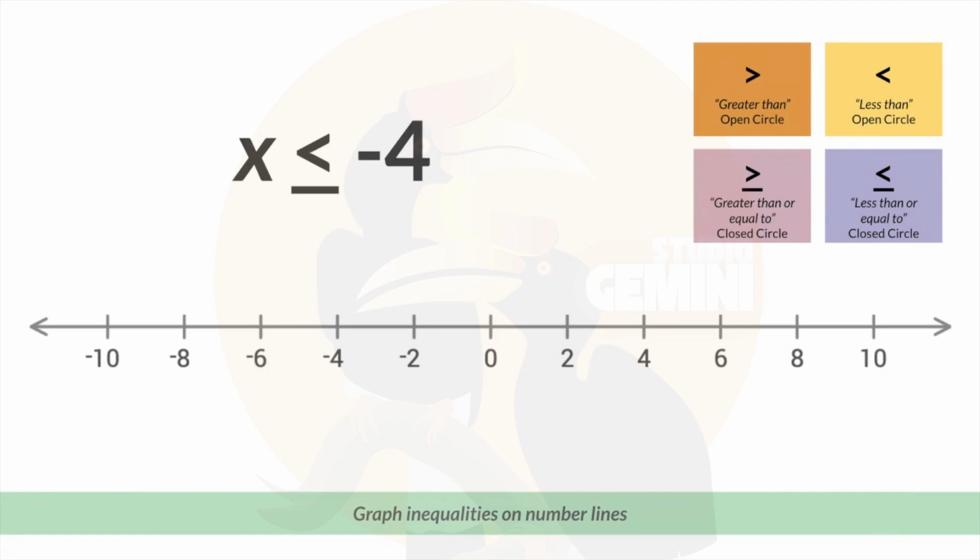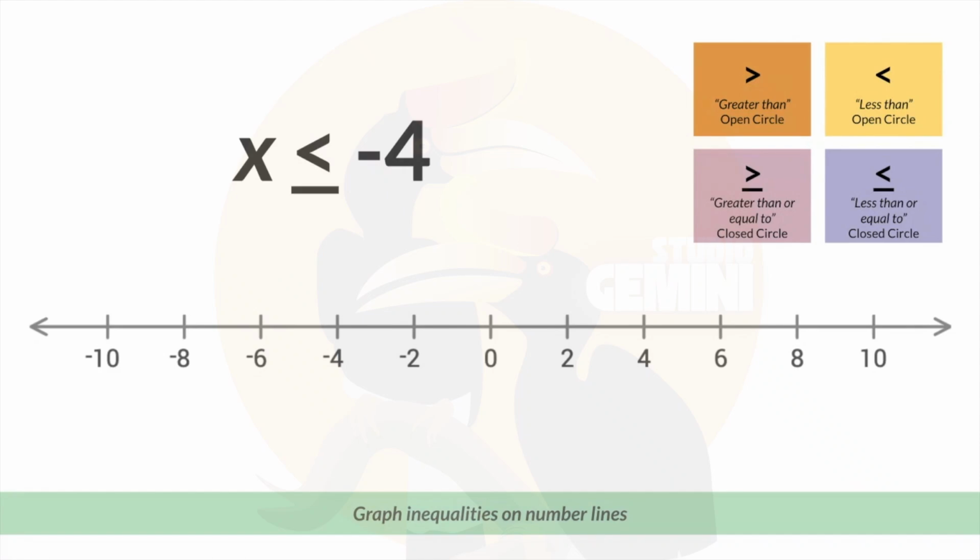Our next example uses a slightly more complicated number line. We have both positive and negative values, but we're going to take the exact same steps that we did in our first example. So we'll start by locating -4 on our number line. Next, we'll decide if we need an open or closed circle. Since our inequality statement says x is less than or equal to -4, we have that line located underneath our less than symbol.